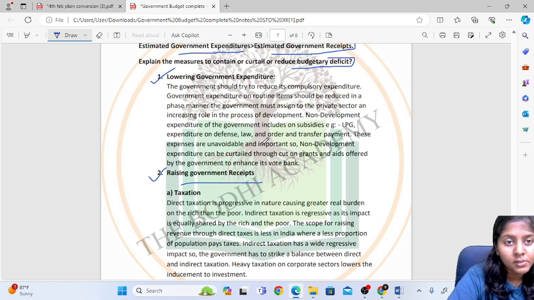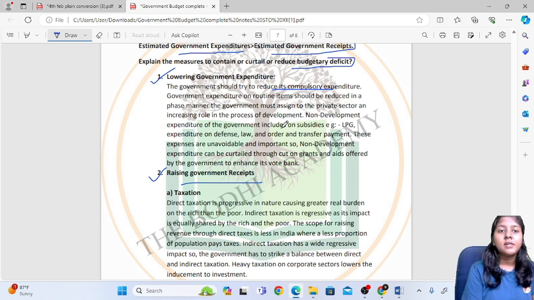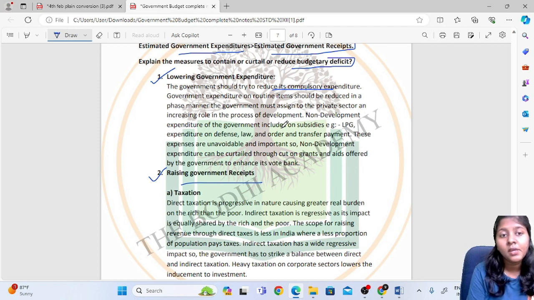How can they lower the government expenditure? The government should try to reduce its compulsory expenditure, and they should assign the work to the private sector, so the private sector role is to be increased. Then another term is non-development expenditure of the government, which includes subsidies like LPG, expenditure on defense, law and order, and transfer payment.